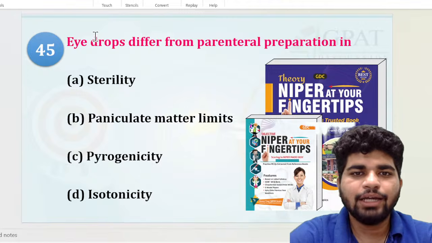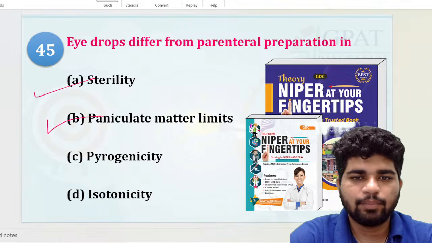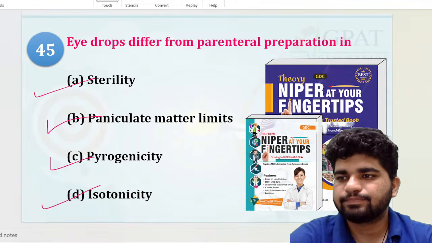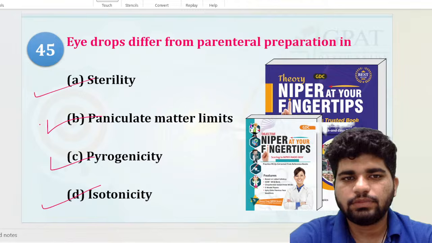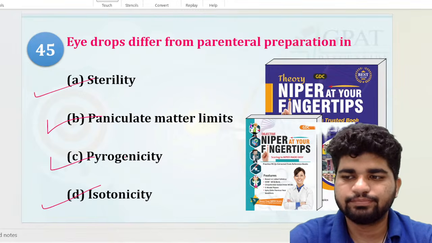So, eye drops different from the parenteral preparation is sterility, particulate matter limits, pyrogenicity, or isotonicity.